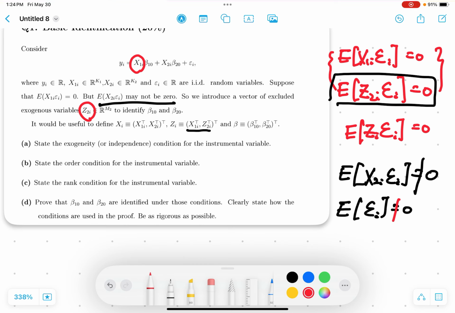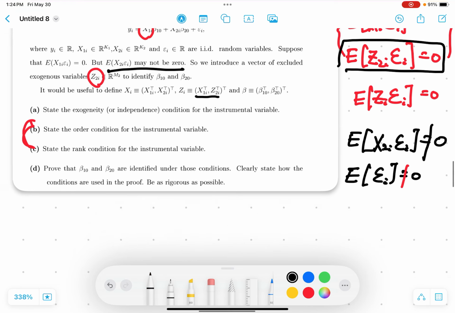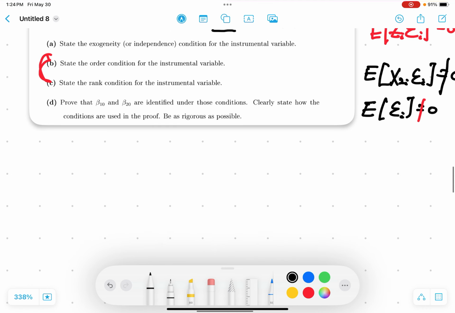Okay, that was from question part A. Part B, what is the order condition? Let's go B and C together. They are correlated. So B is just order condition. That means the number of instruments must be at least equal to the number of endogenous variables, right? So simple.